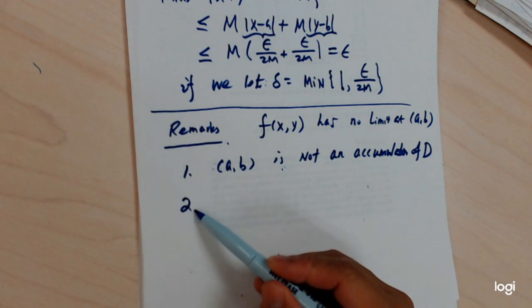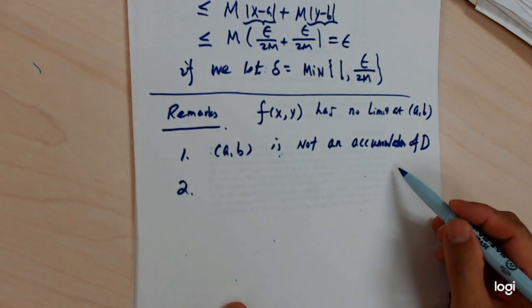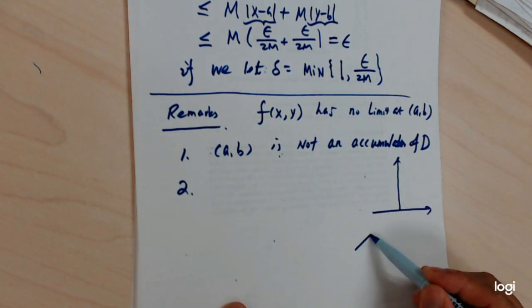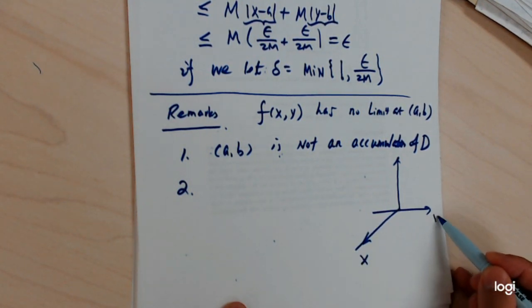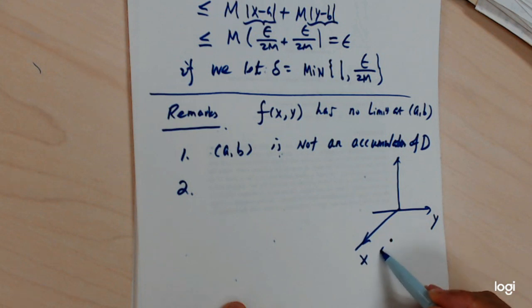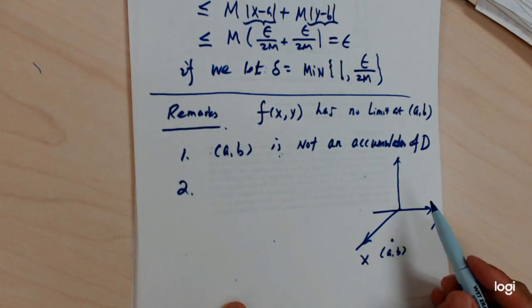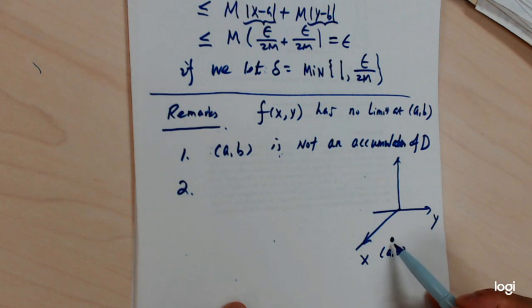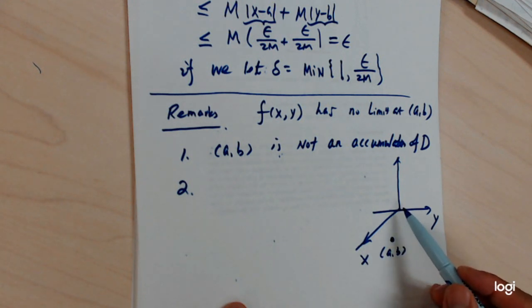Number two. Let me talk about this one real quick. Let's call this X, let's call this Y. Here's A and B. So X and Y are supposed to approach (a, b), right? So there are different routes. For example, I can let Y approach B first.